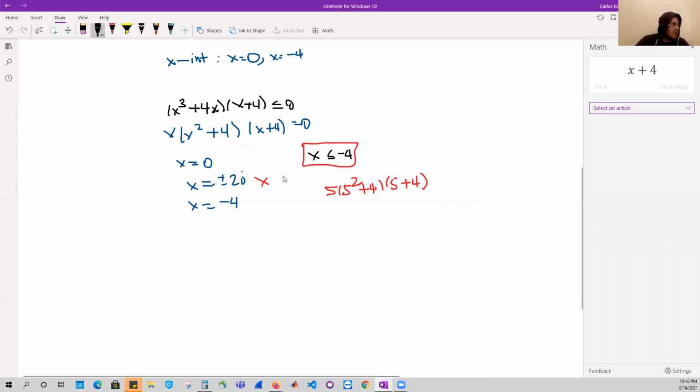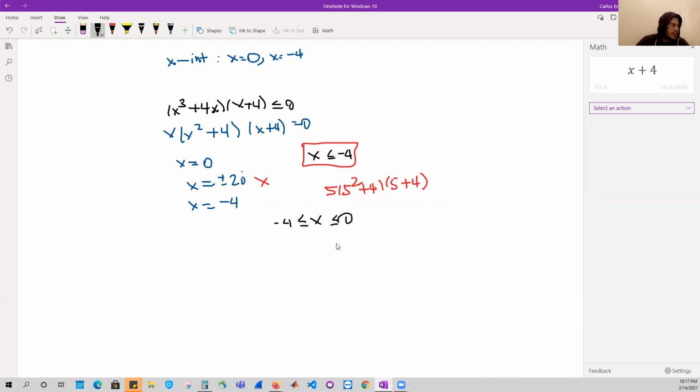Now let's try a value that is in between x equals minus 4 and x equals 0.